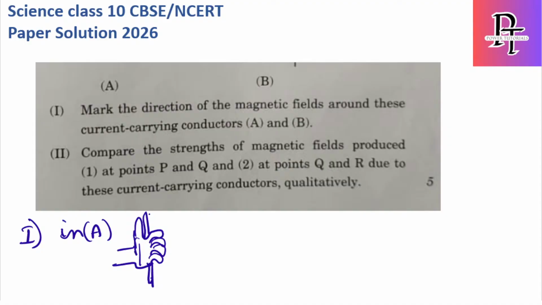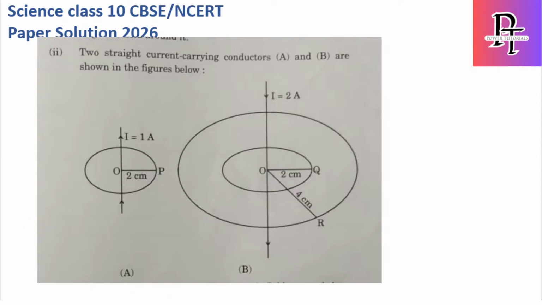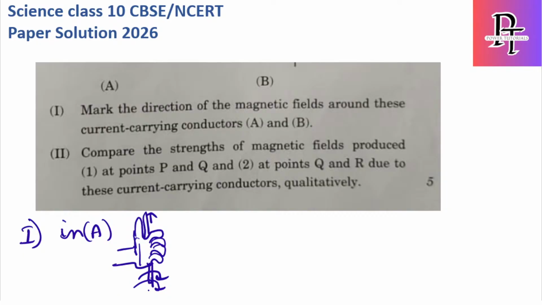This is the current direction, so the magnetic field direction will be like this: into the paper on the right side and outside the paper on the left side. I can simply say clockwise direction.